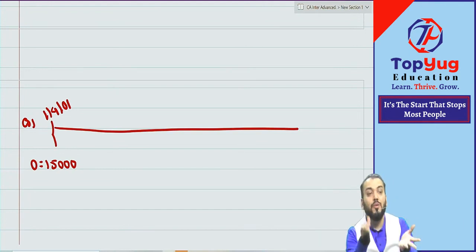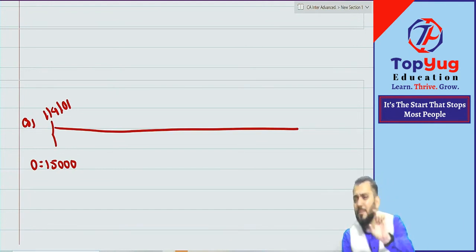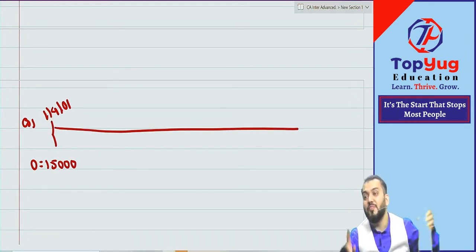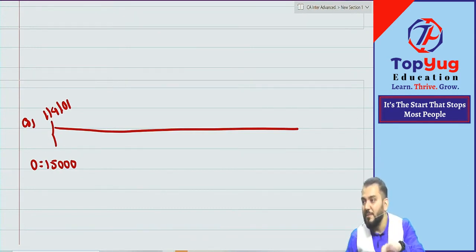Once you draw, it becomes more clear. In a paragraph, sometimes we are confused with the dates. Better you write down, it will become easier. You are saving time, not wasting time. By drawing the timetable, you are actually saving your time for answering. If you are not drawing, you will take much more time in answering. So it is not wastage of time, it is saving of time. Okay?